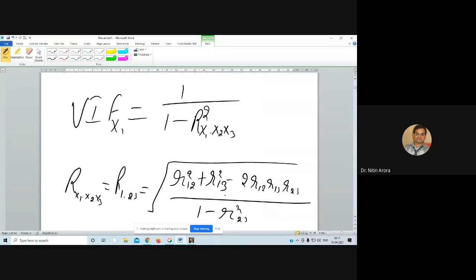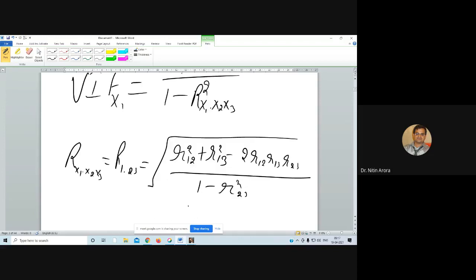This is the formula of R1.23, and if you remove the square root, you will get R x1 dot x2 x3 square.